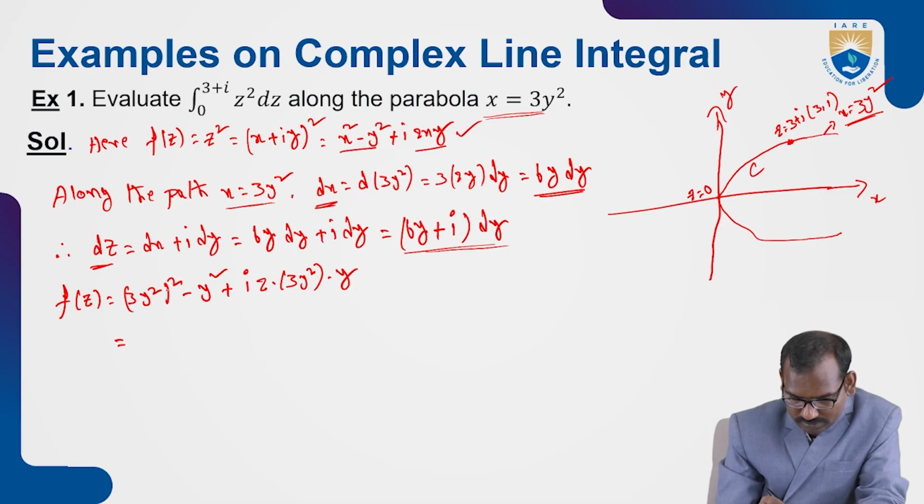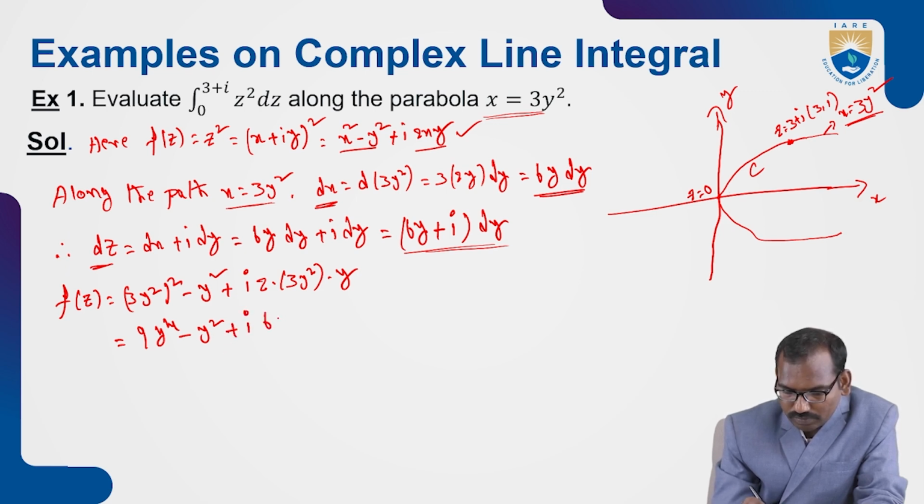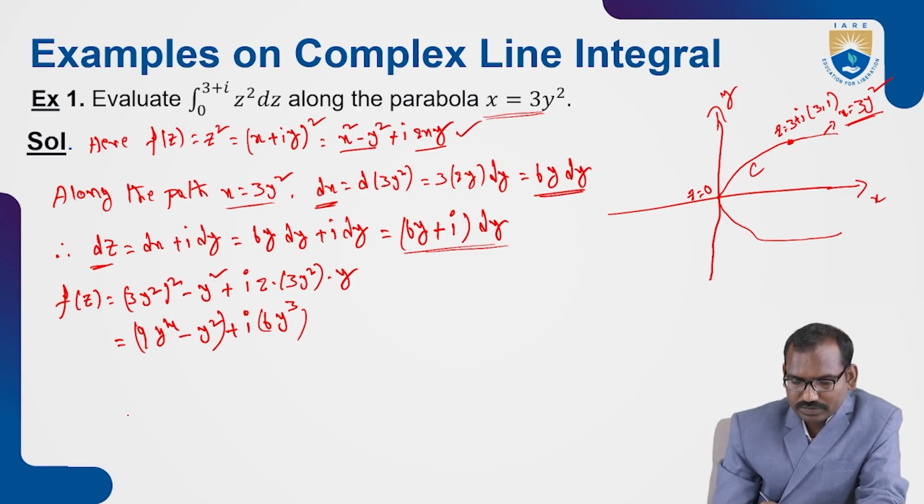Now it will be 9y to the power 4 minus y square plus i times 6y cube. So this is the real part and this is the imaginary part. Here what you are observing: dz comes in terms of y and f(z) also comes in terms of y.